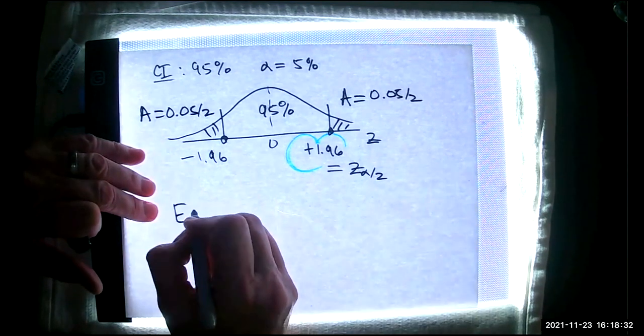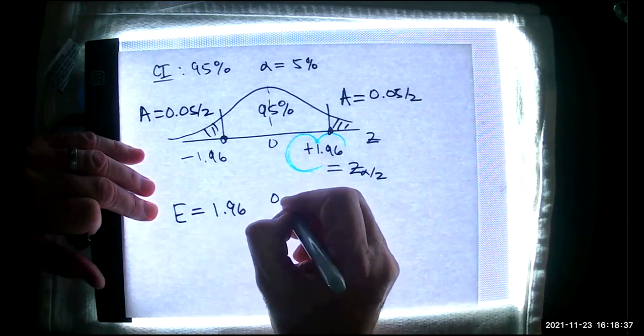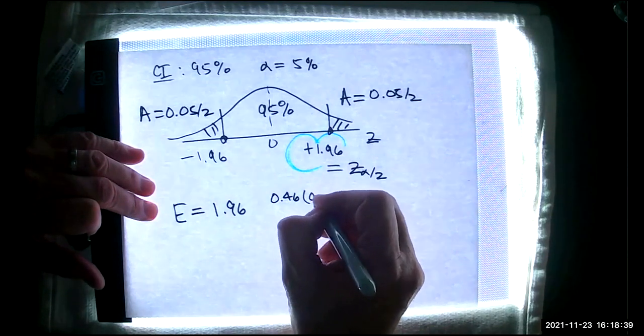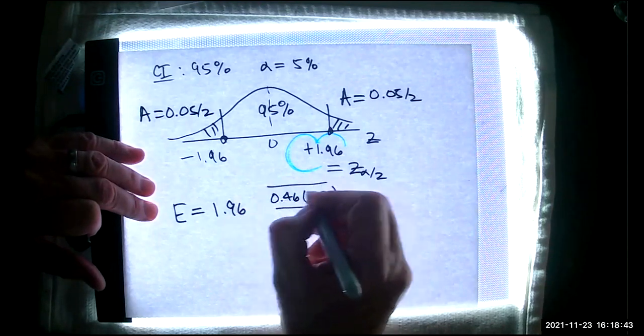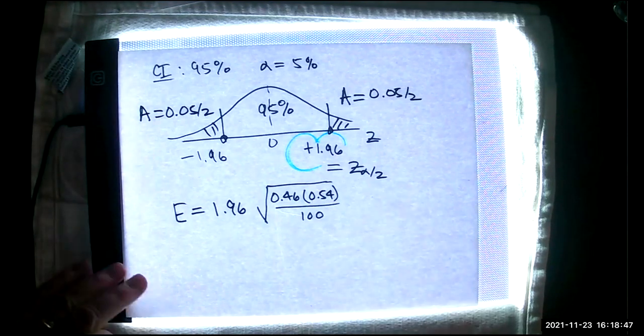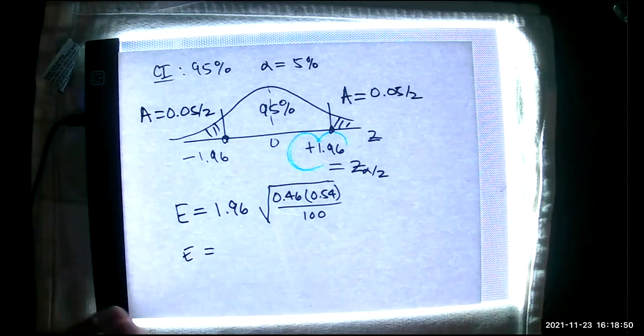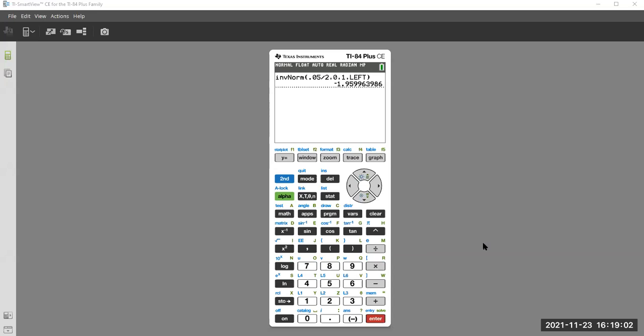So my margin of error here is 1.96 times the square root of 0.46 times 0.54, all over 100. That's in the square root there. That's my margin of error. And there we go. This one's a very easy calculation to do.